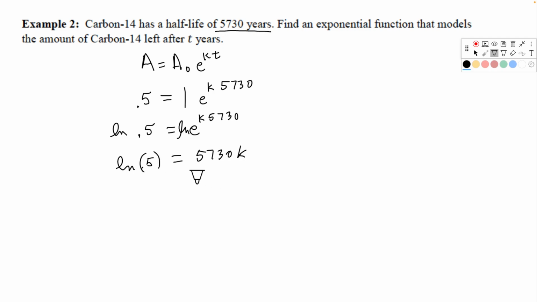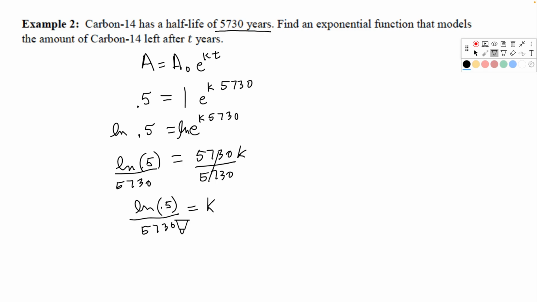Solve for k. What do we do? Divide by 5,730. And this is the formula, again, that in chemistry they would just use, the natural log of a half or the natural log of 0.5. So natural log of 0.5.